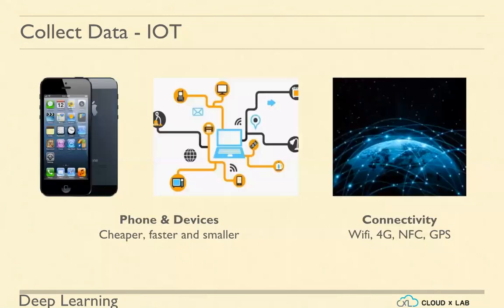Now, to collect the data, we need IoT devices, we need sensors, we need scripts which can crawl the data from the internet and get more and more data, right? And the other is connectivity, of course.